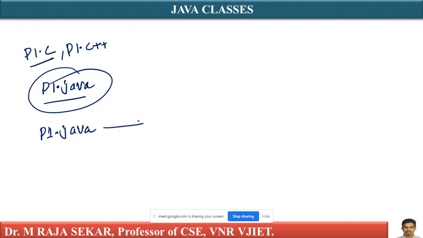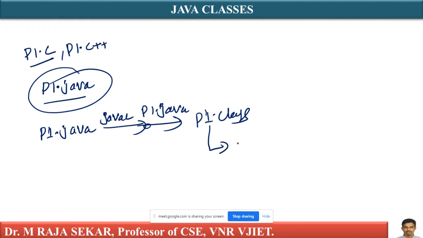With javac, meaning Java compiler, space p1.java. Once I compile this program, a file will be created, p1.class. When we compile a Java file, we get a .class file. The .class file can run on any operating system, isn't it?